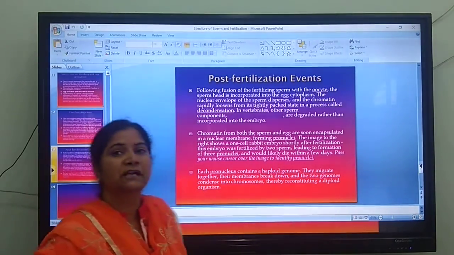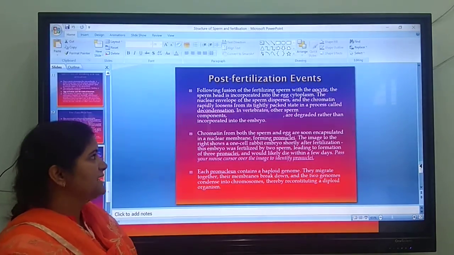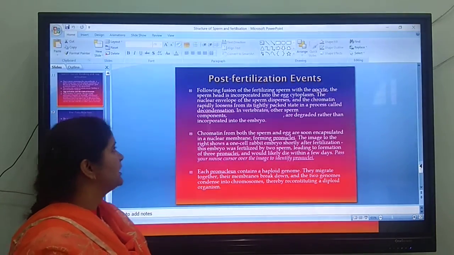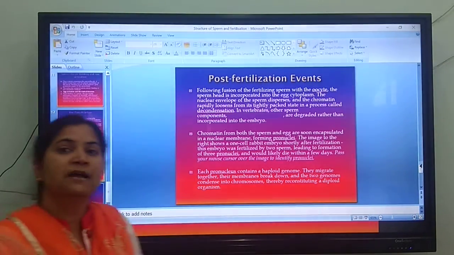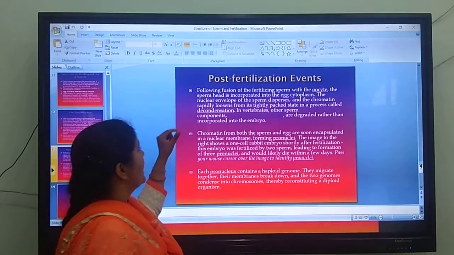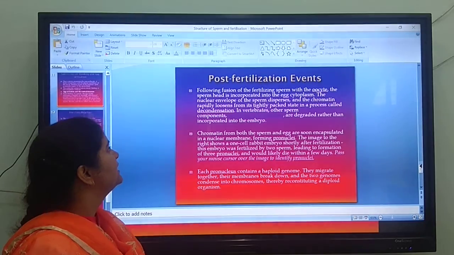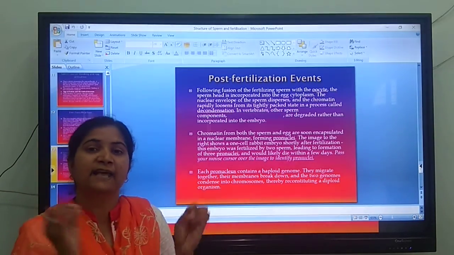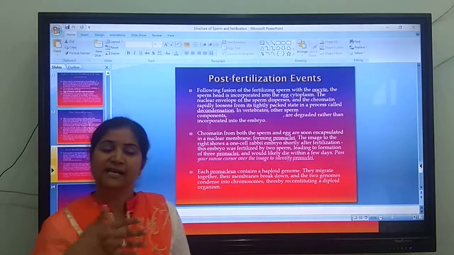Now, the post-fertilization events. After fertilization, what happens? Following the fusion of the fertilizing sperm with the oocyte, the sperm head is incorporated into the egg cytoplasm, and the nuclear envelope of the sperm disperses. The chromatin material, which was highly condensed, loosens up, and this process is known as decondensation.